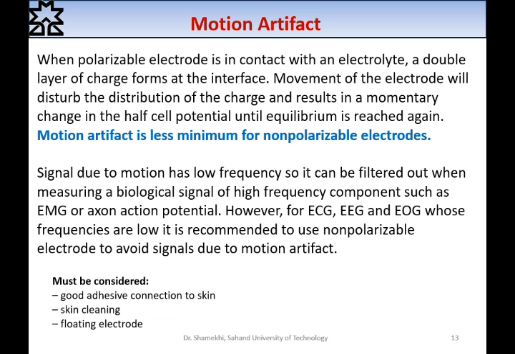But movement of the electrode disturbs the distribution of charge, and the change in the distribution of the charge leads to a change in half cell potential, and therefore this half cell potential will affect the output or the recorded signal by this electrode.